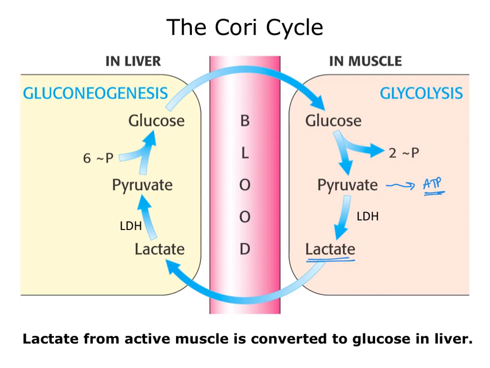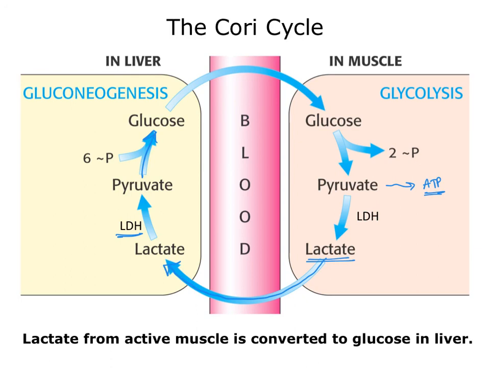Instead, we need to ship lactate through the blood back to the liver. And in the liver, the enzyme LDH is available to turn lactate back into pyruvate and ultimately use gluconeogenesis to build pyruvate back into glucose, which can again be made available to cells in the body for use in glycolysis.